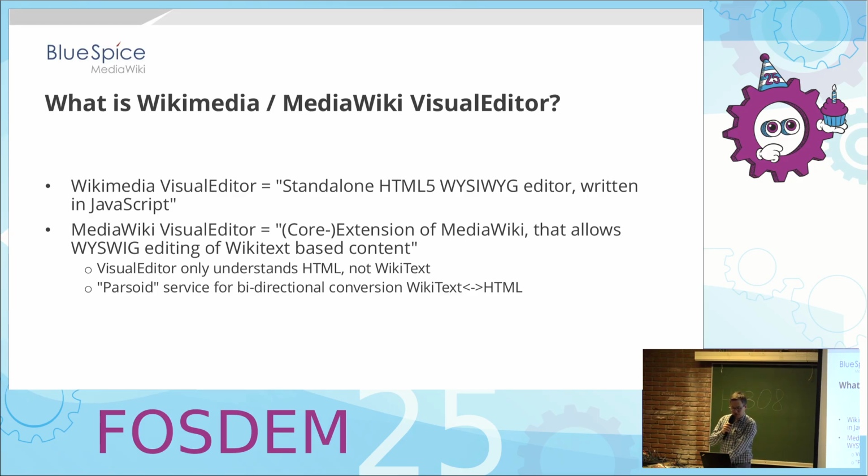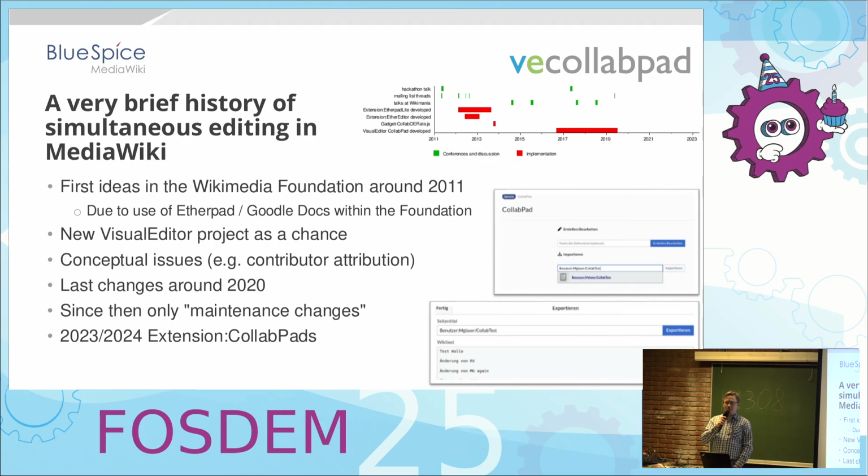And when they started with the visual editor implementation many years ago, the Wikimedia Foundation very quickly realized that there is a chance of implementing a real-time collaboration editing functionality, and that is due to the way visual editor handles the document and handles changes. I will go into more detail here.